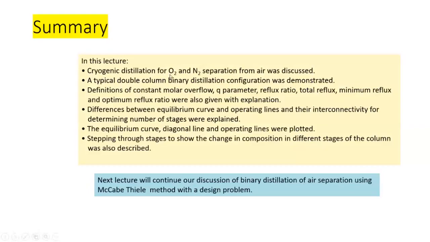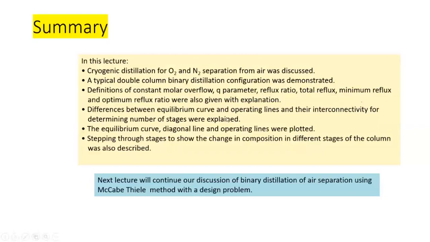Cryogenic distillation for oxygen and nitrogen separation from air was discussed. A typical double column binary distillation configuration was demonstrated in part 1. Definitions of constant molar overflow, Q parameter, reflux ratio, total reflux, minimum reflux, and optimum reflux ratio were also given with explanation.